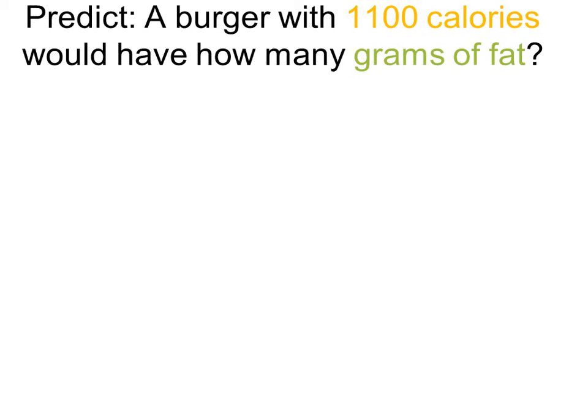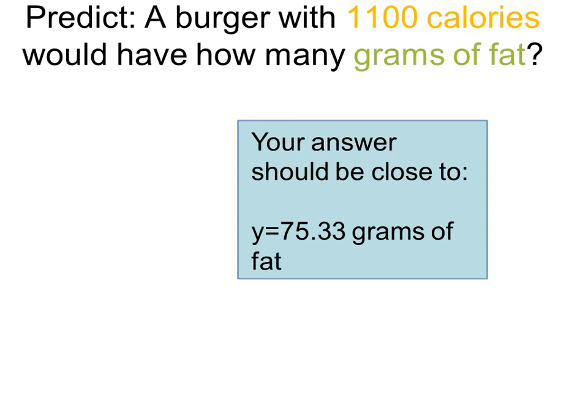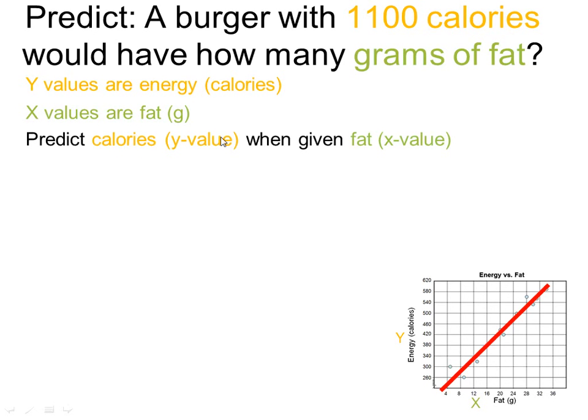All right, now that you have had a chance to try this, the correct answer should be about 75.33 grams of fat. Well, let's take a look at why. In this case, our y values are still our energy, or calories. Our x values are grams of fat.